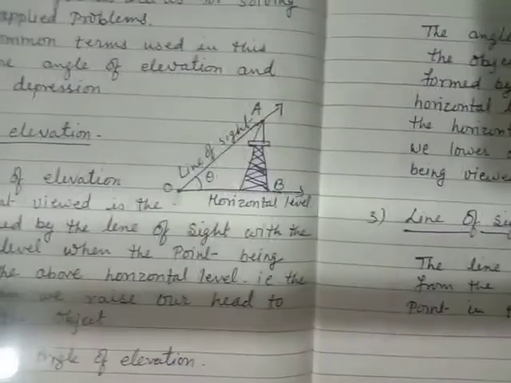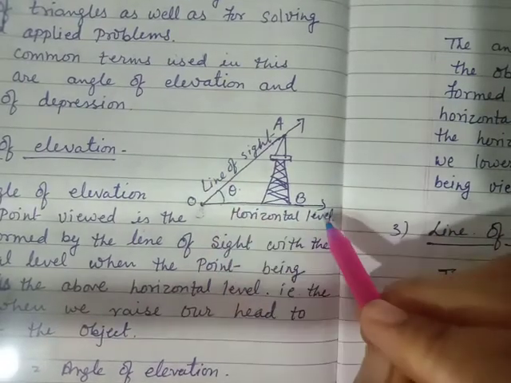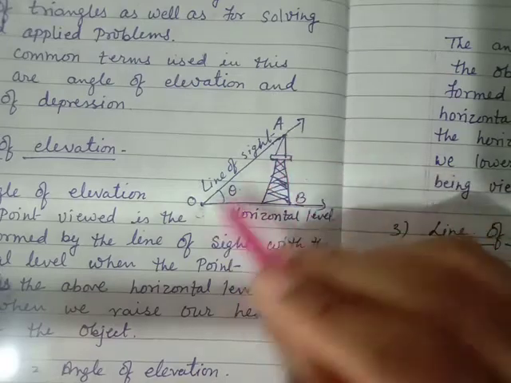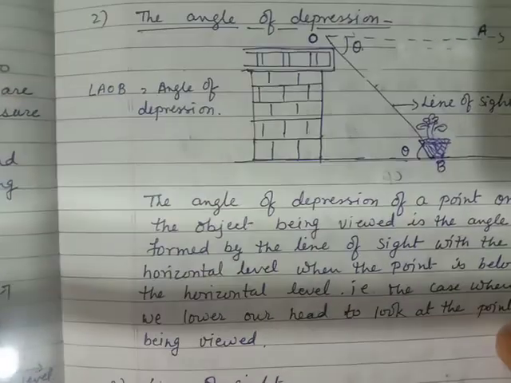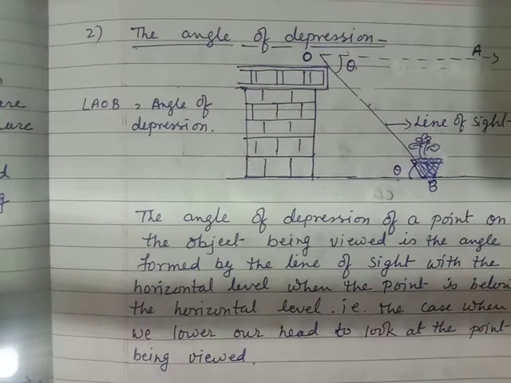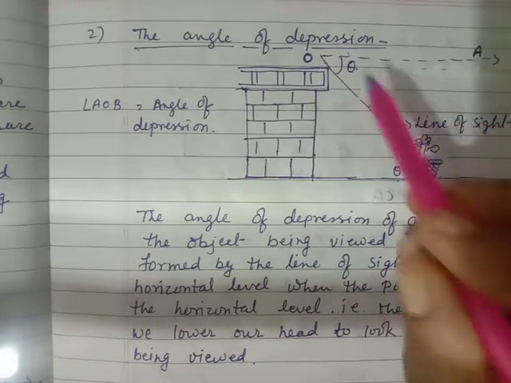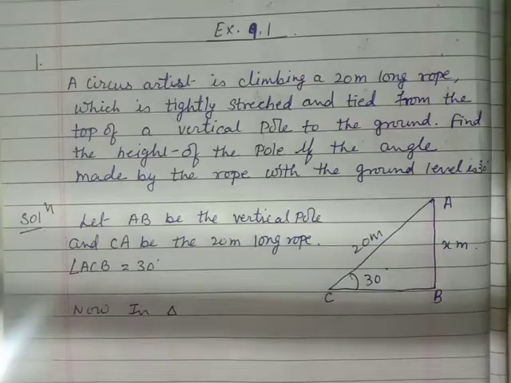Like in the angle of elevation case, this is the observer, this is the horizontal level, and this is the line of sight from where we are observing the object. And here in the case of angle of depression, this is the horizontal level and this is the line of sight. Here is the observer.